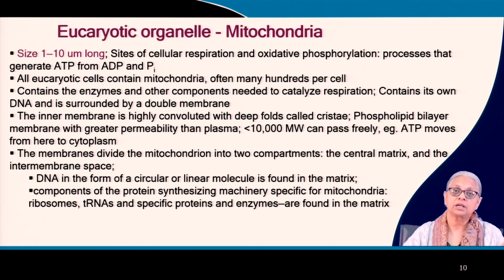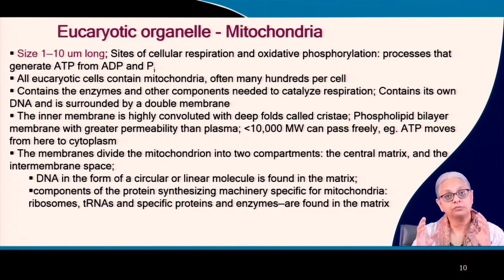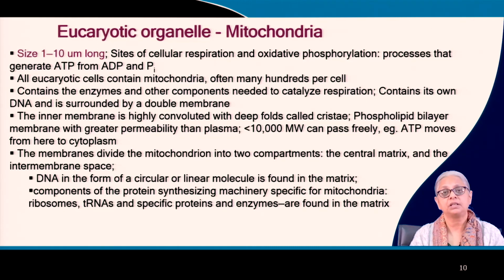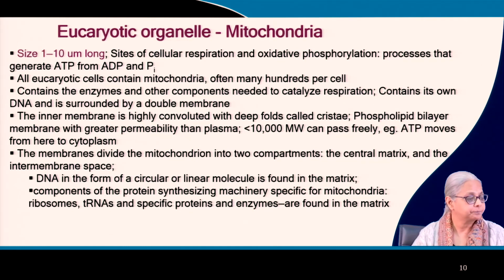So the mitochondria has its own ribosomes, it has its own transfer RNAs, it has specific proteins and enzymes. All of them are found within the central matrix, and these are all the arguments that are provided in favor of the endosymbiotic theory. We will come to that much later.